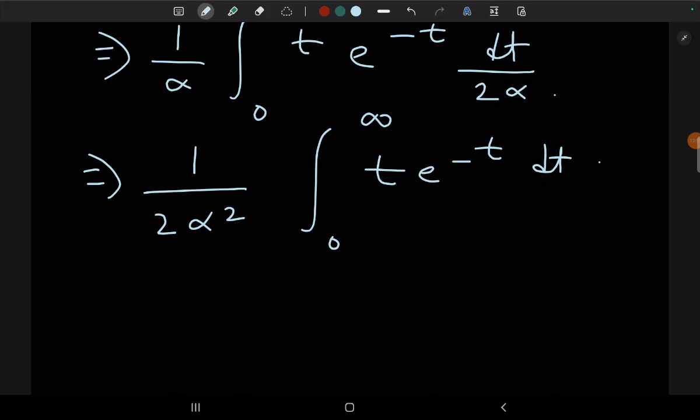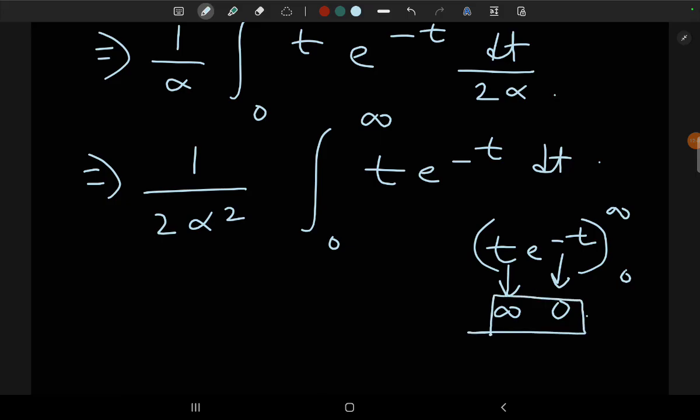We will see that the first term would be t e to the power minus t, and if you put the limits 0 to infinity here, this t would go towards infinity, this would go towards 0, and there would be a problem, as 0 into infinity cannot be determined.